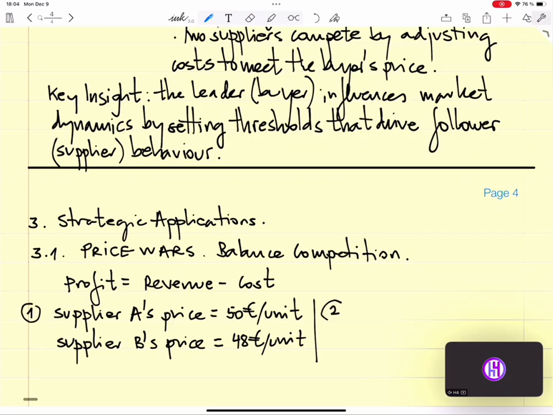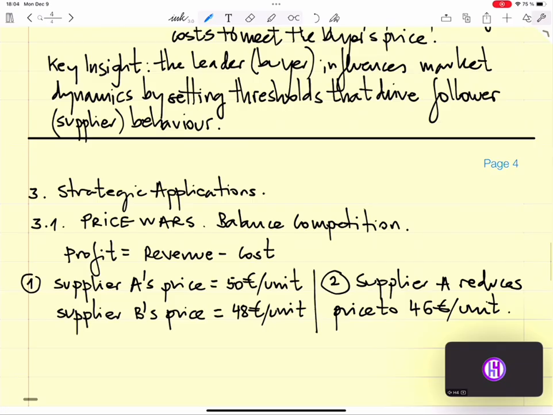In time 2, supplier A reduces price to 46 euro per unit.